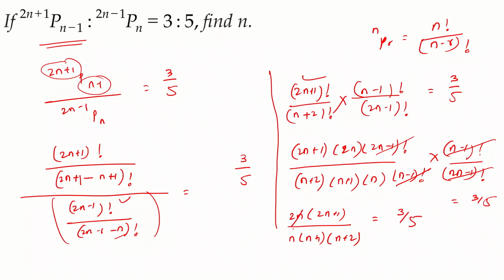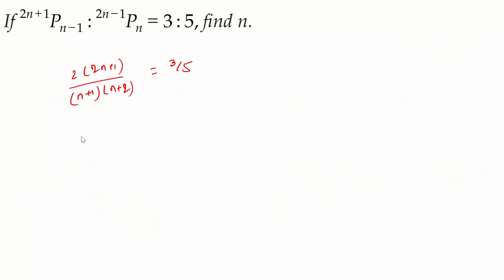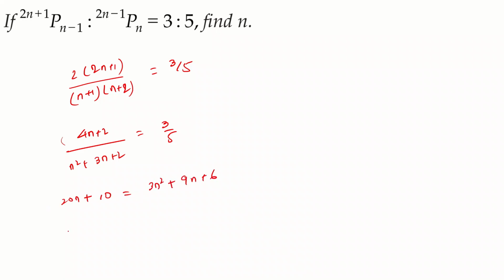We can also cancel out this n and n. So we multiply and write down the quadratic equation. So we have (4n+2) divided by (n square plus 3n plus 2) is equal to 3 by 5. Now we have 20n plus 10 is equal to 3n square plus 9n plus 6.